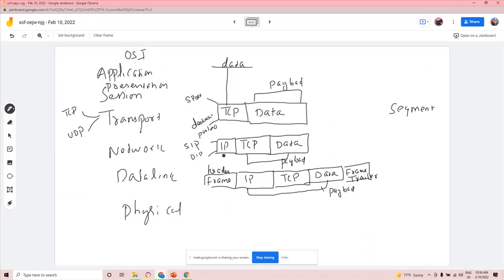When it reaches the destination, it is arranged according to the sequence number, and then it is sent to the upper layer. So the time factor and the sequence numbers have to be clearly established. It should be defined.